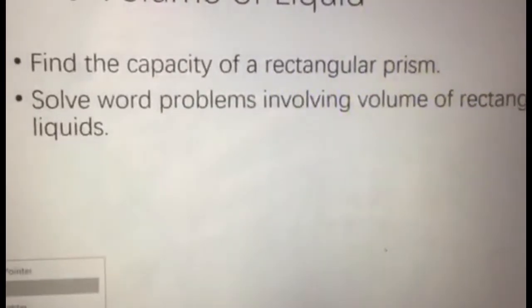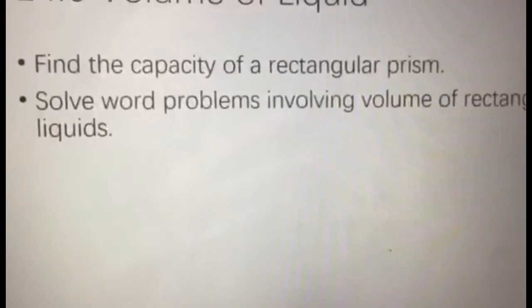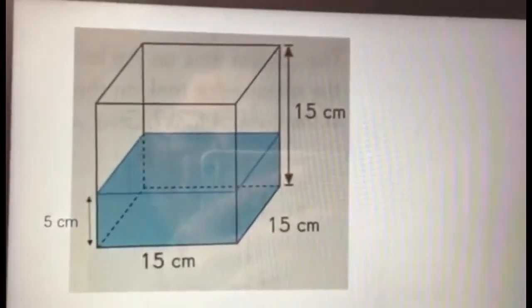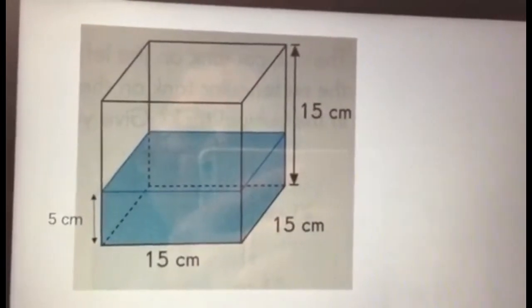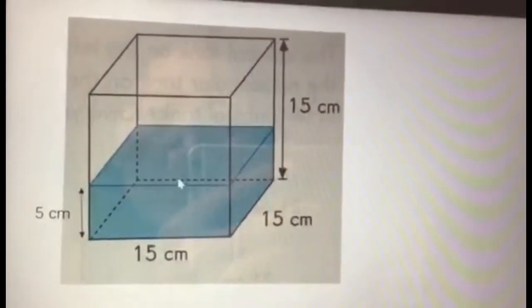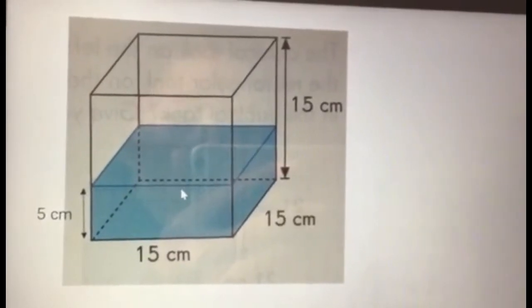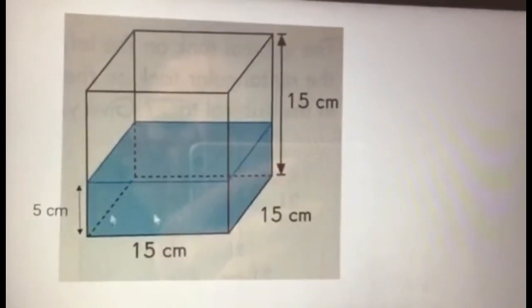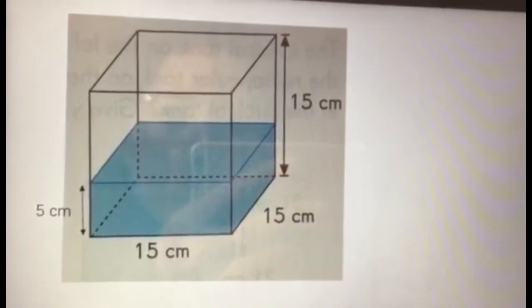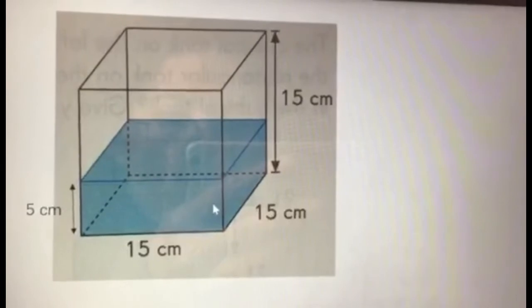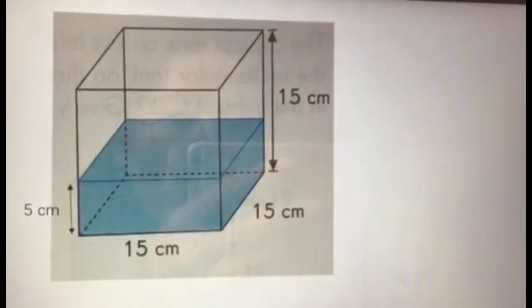We talked a little about capacity when we started this chapter. If you look at this rectangular prism, actually a cube, you will notice that the cube can hold more water than it has now. It has a little bit of water and there's some empty space. So capacity is the ability of the cube to hold water.